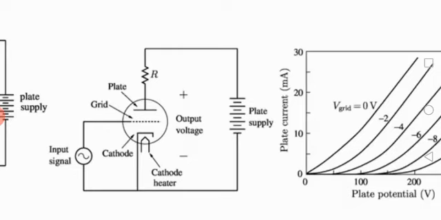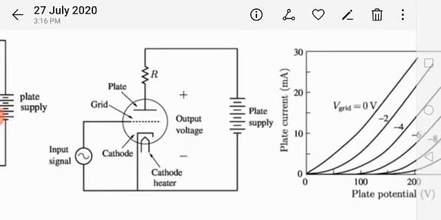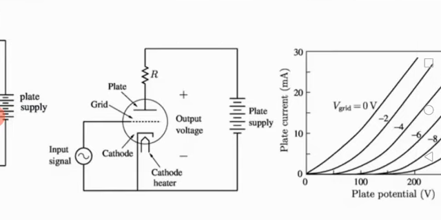The grid is given the negative potential with the help of input signal, and again there is a cathode, and the cathode is supposed to emit the electrons. And you can see the working is same whenever the filament supply is given.